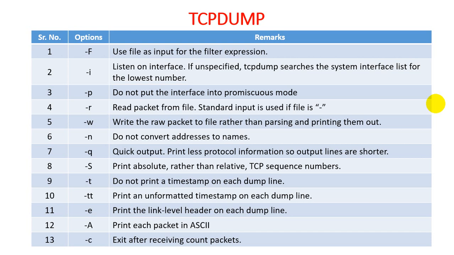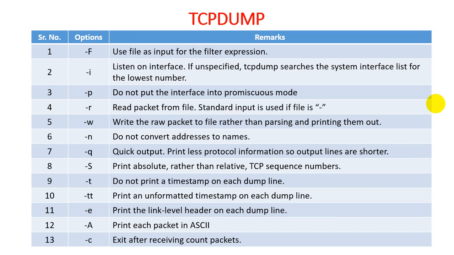Read packets from file. Standard input is -F, as previously we discussed. The fifth one is -w: write the raw packets to the file rather than parsing and printing them out. It means it just reads those kinds of packets which are available in a particular file. They are not printing any information on your screen.